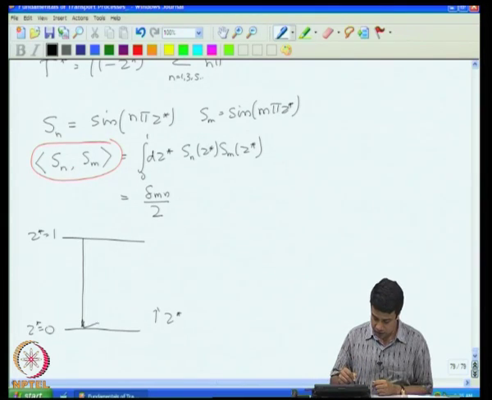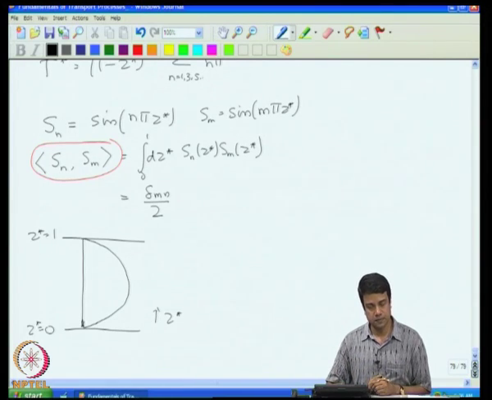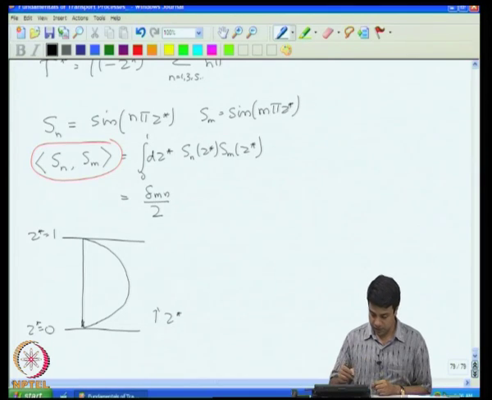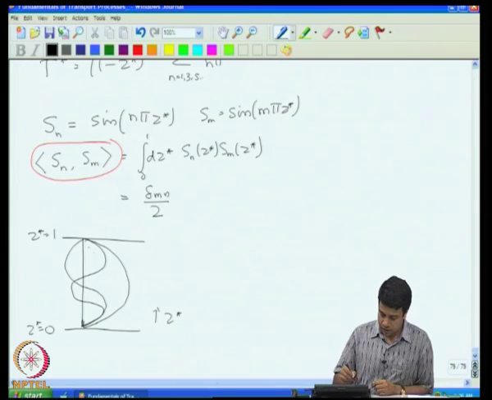So, it has a behavior that goes something like this. Then I have sin 2 pi, which will go something like this, 3 pi, 4 pi, which will be a still higher harmonic, and so on.